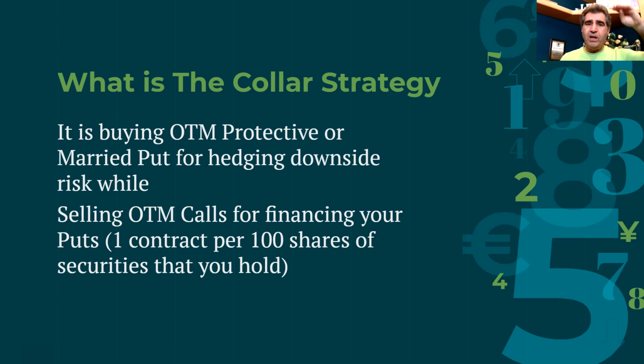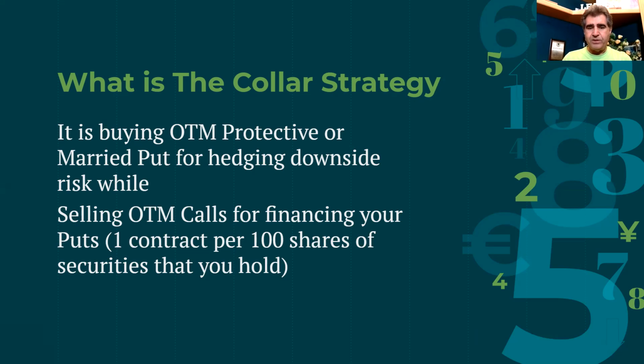So by selling an out of the money call, wherever desired, you are limiting your profit, which is exactly the covered call. So you're marrying a protective put with a covered call, and you're financing the put debit.